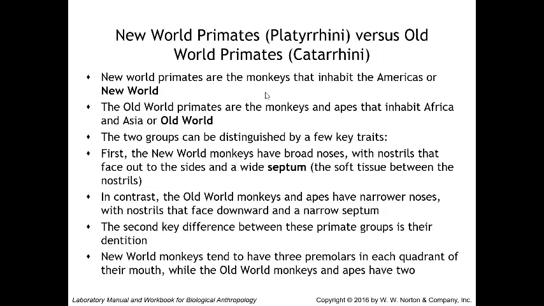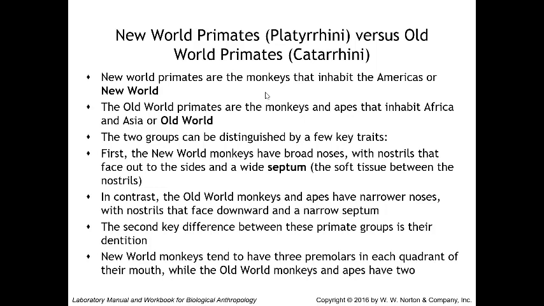So their names highlight this distinction. Platyrrhini comes from the Greek root for broad-nosed, and catarrhini is from the Greek root for hook-nosed. So platyrrhini is broad noses, nostrils facing out to the sides, wide septum, and then catarrhini is hook-nosed, so narrower nose with nostrils that face downward and a narrow septum.